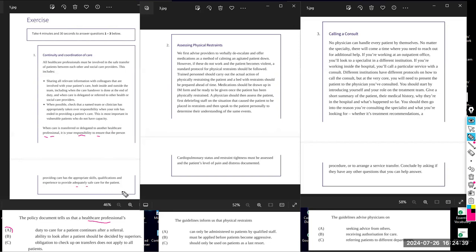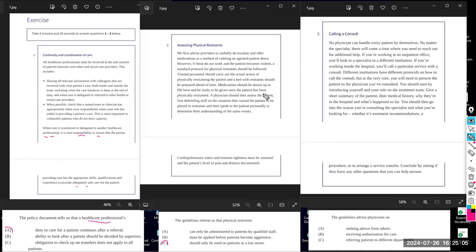That's amazing. Okay, you said number two is C, am I right? Restraints should only be used on patients as a last resort. But how did you know that it's C? Can you tell me in the text? Yes, not only in the text, also in the hospital. They say in the text that we always try other things before. Exactly.